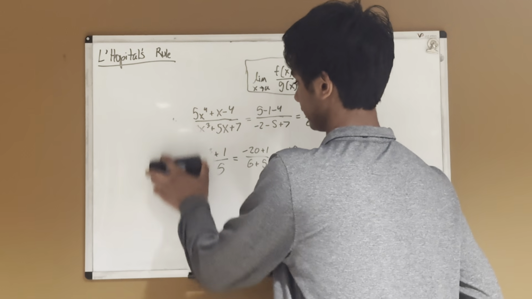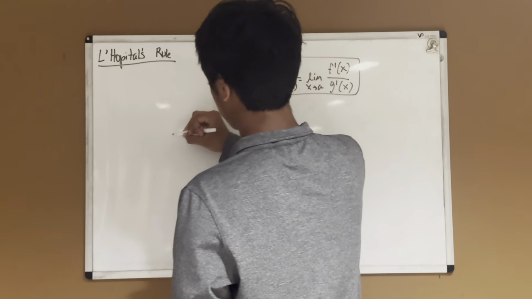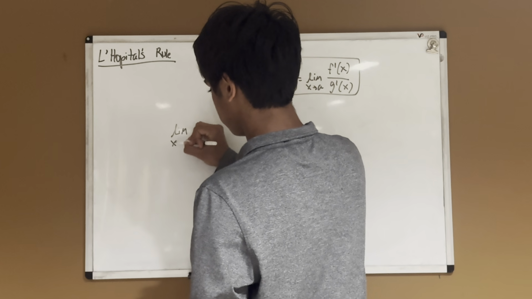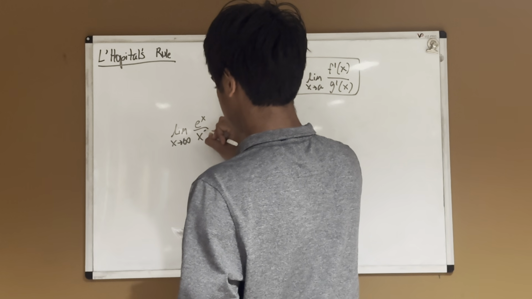Next, let's try out another problem. Let's say we're given the limit as x approaches infinity of e to the x over x squared.